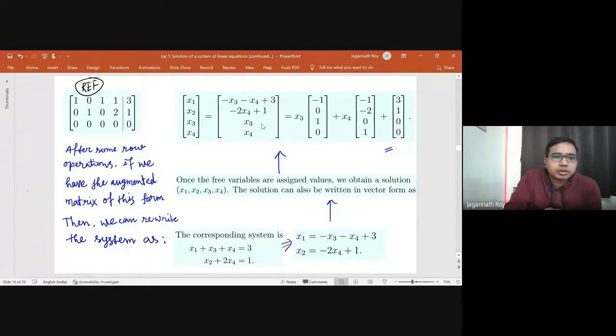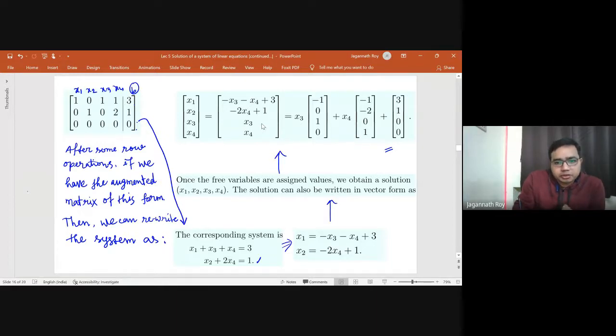We have four unknowns, x1, x2, x3 and x4, and this is the right hand side vector. After row operation, it has been reduced to this form, and we can write it in this form.